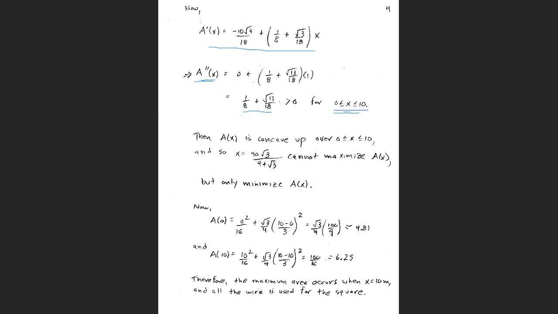Let me see. Oh, yeah, that should be root 3 here. Hold on. Good catch. Oh, man, Ian caught me there. All right, good catch, Ian. It doesn't change anything, but this here should be a 3.